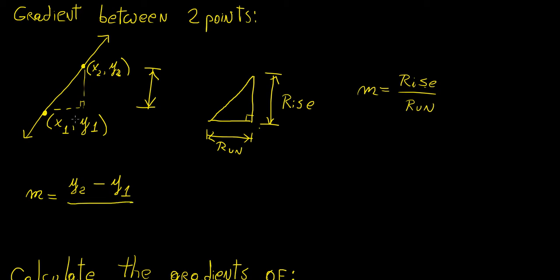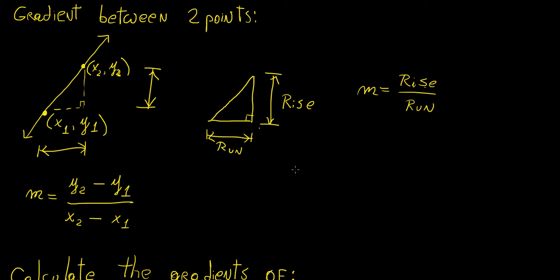And then the total distance across the x-axis is going to be given by the difference between the x coordinates, so x2 minus x1. It is important that we always do it in the same order: point 2 goes here, point 1 goes there. It doesn't matter which one we do first though, because in the end we should get the same gradient.